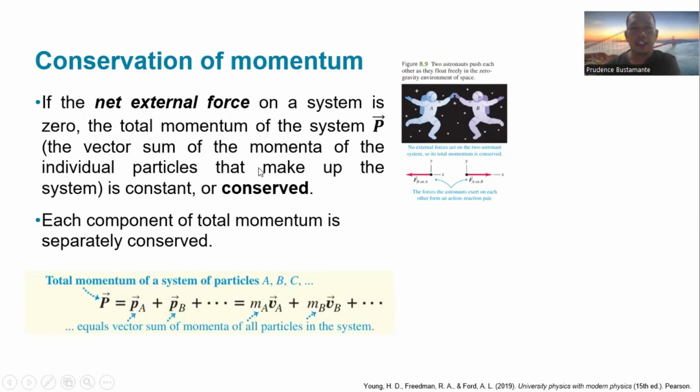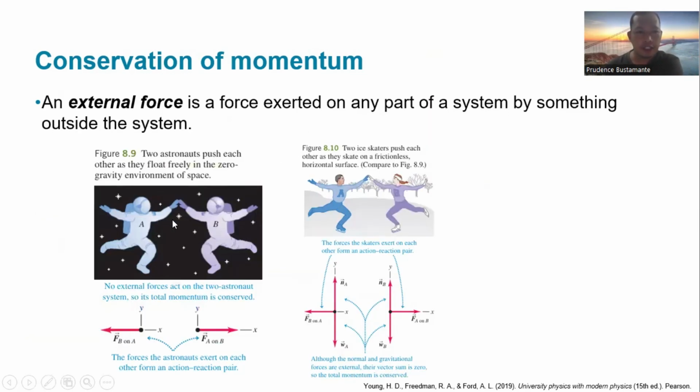Let's look at this first. Since this is an isolated system, meaning there is no external force acting on them, only internal forces, the total momentum P they have before is constant or conserved.